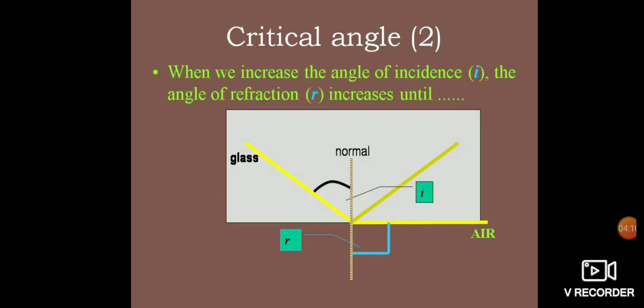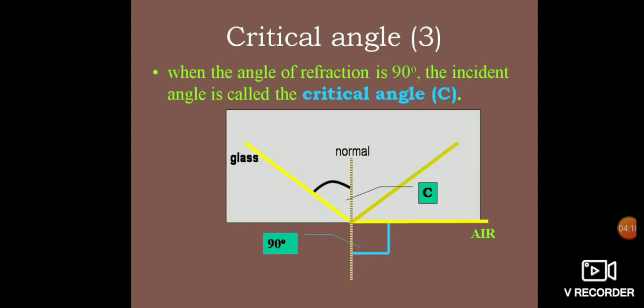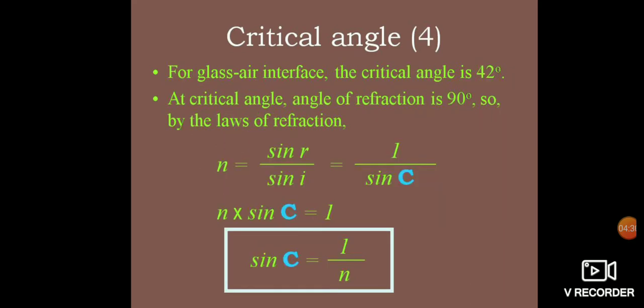When we increase the angle of incidence i, the angle of refraction r increases until the angle of refraction is 90 degrees. The incident angle is then called the critical angle C. This is the critical angle C shown in the diagram. It makes 90 degrees with the normal in the air. For a glass-air interface, the critical angle is 42 degrees.